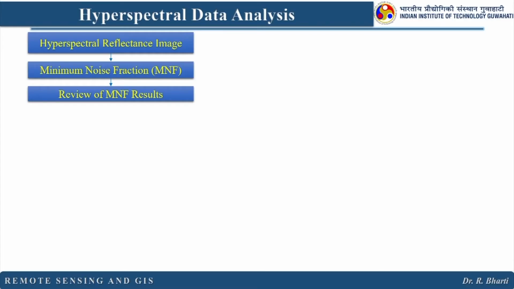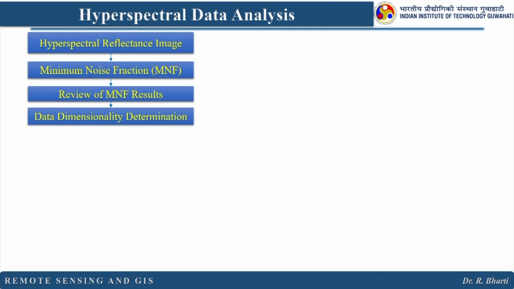Now in the third step we have to review the MNF result, and once we are done reviewing, we can derive the inherent dimensionality of the data. That means the unique information from this many narrow and contiguous bands, right?